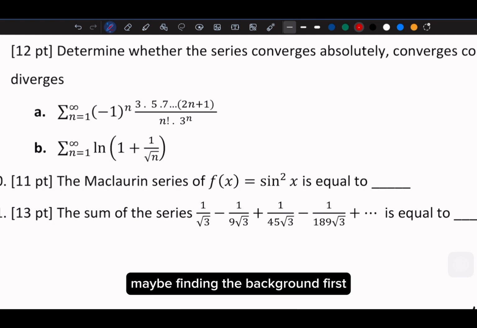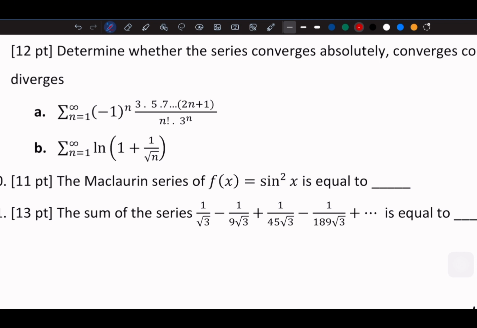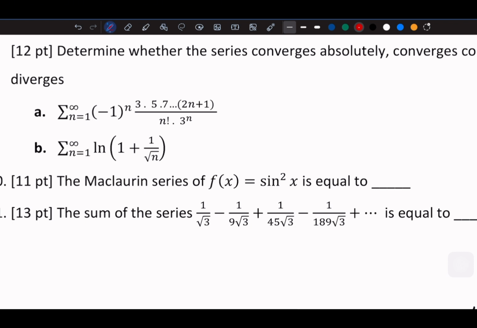Maybe finding the pattern first. Don't need to go here. Just look at the numbers and maybe how to relate from this to this to this. Any idea? Oh, you get it?